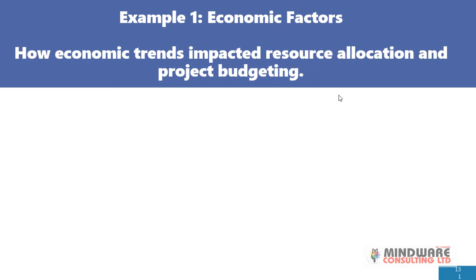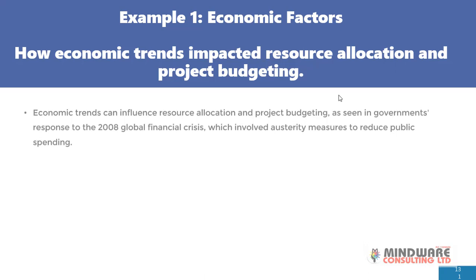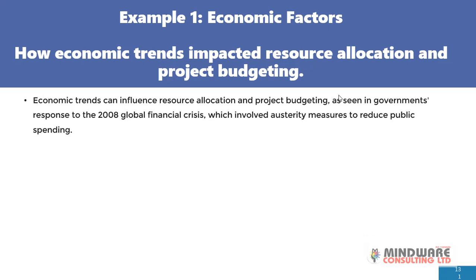Example one, we'll be looking at economic factors, how economic trends impacted resource allocation and project budgeting. This has to do with the influence of enterprise environmental factors.